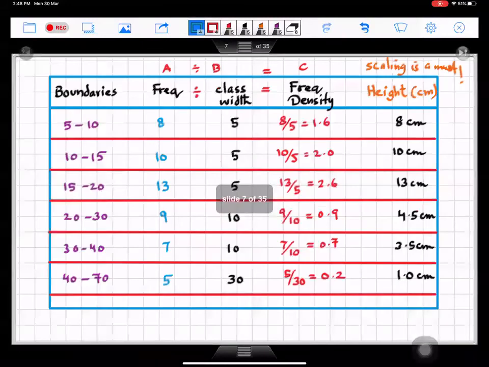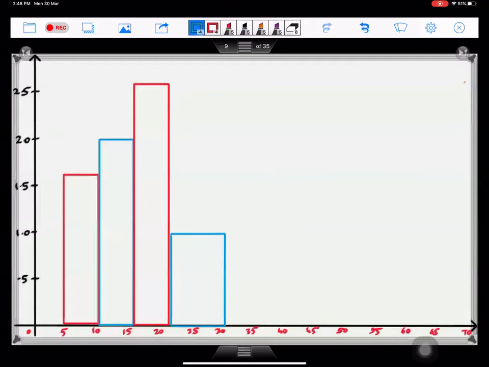And then 30 to 40 is 0.7. 0.7 is something like this. And the last but not the least, that is 40 till 70, that is only 0.2.